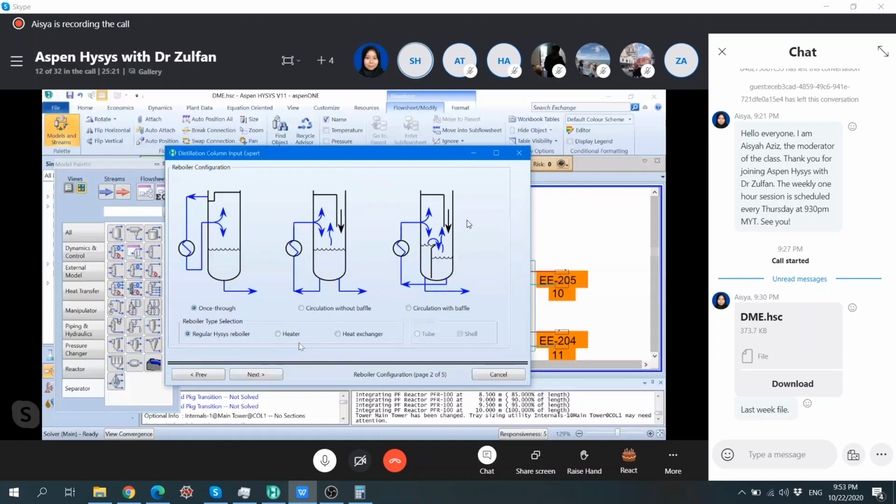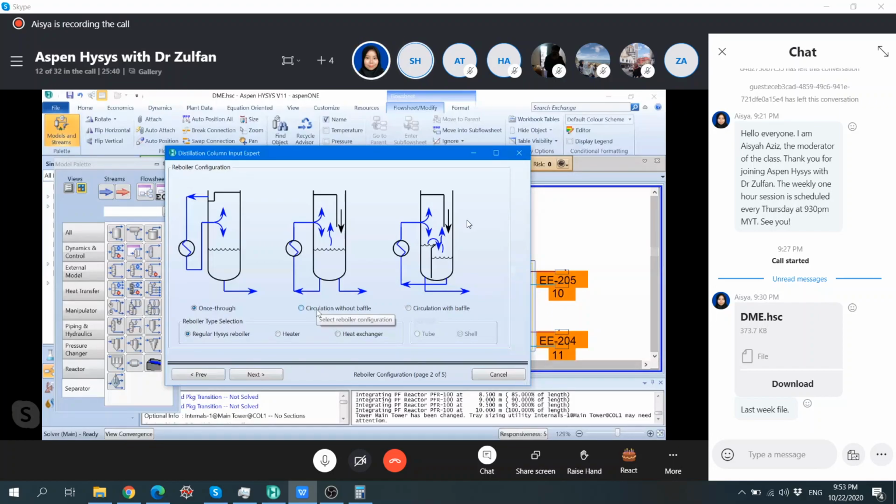In these reboiler configurations, if we know what the reboiler configuration is, which I think in our case is not shown clearly in the PFD.